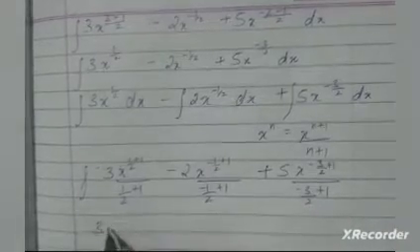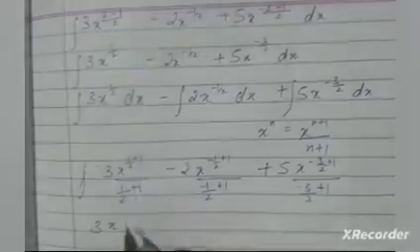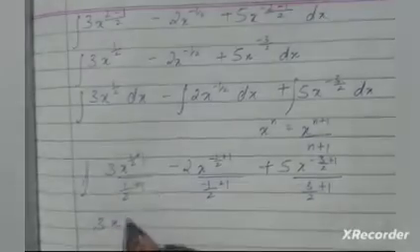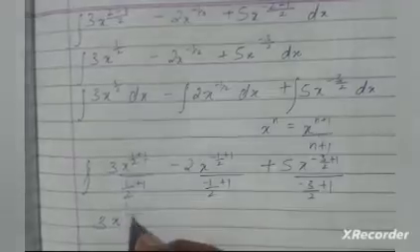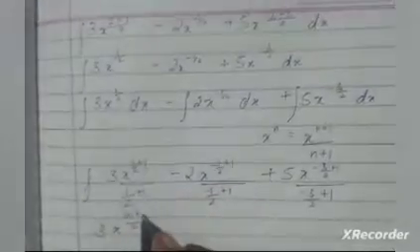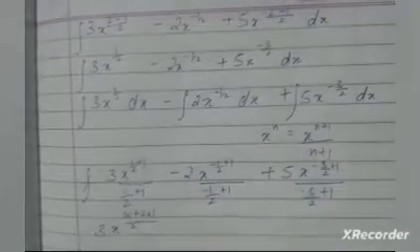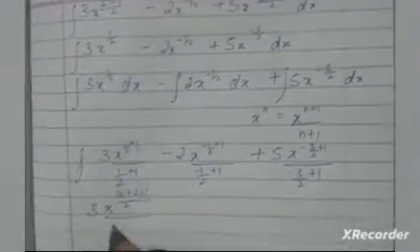Then 3 x raised to, we have to take LCM, we will take 1. So LCM of 2 and 1 is 2, 2 1s are 2 into 1 plus 1 2s are 2 multiplied by this numerator 1, and same in the denominator.